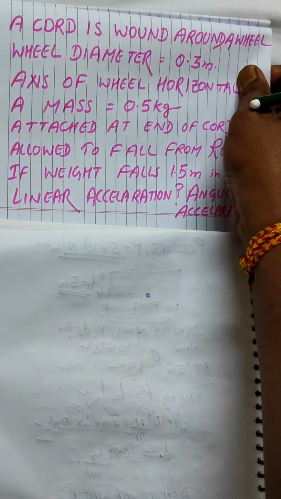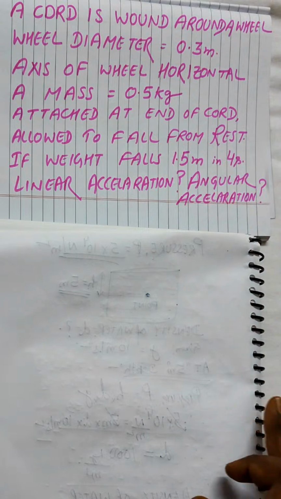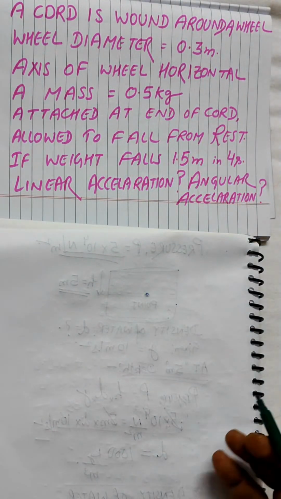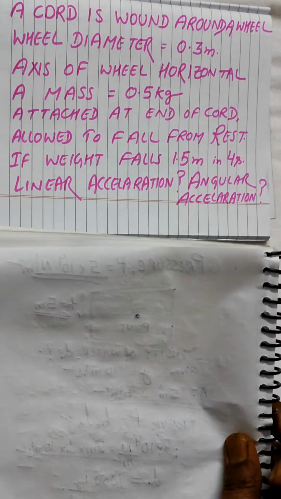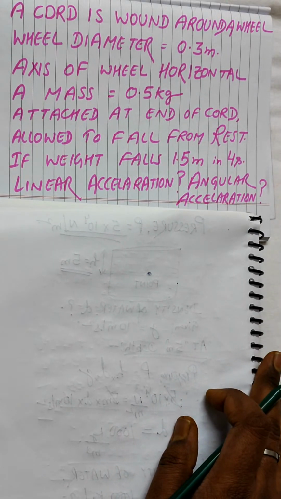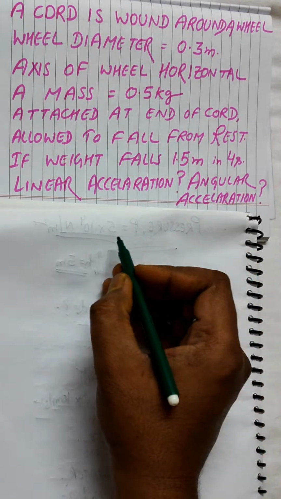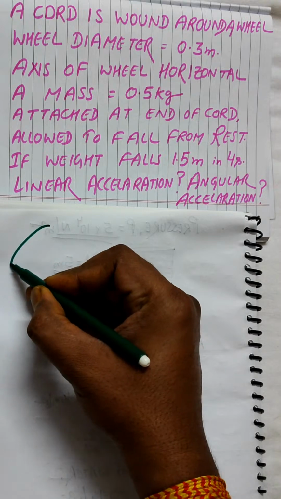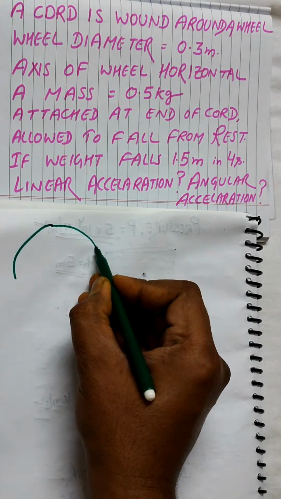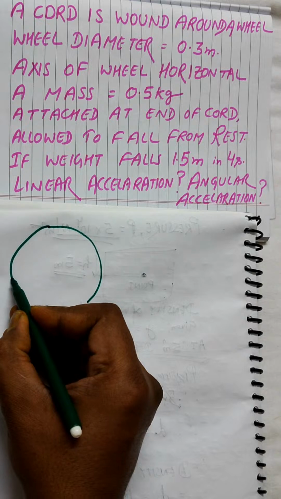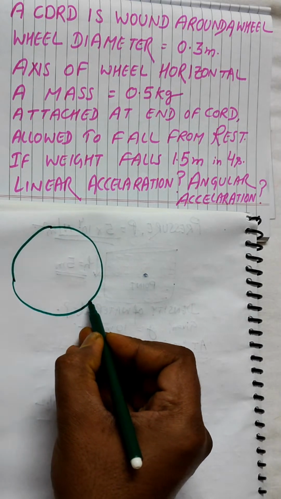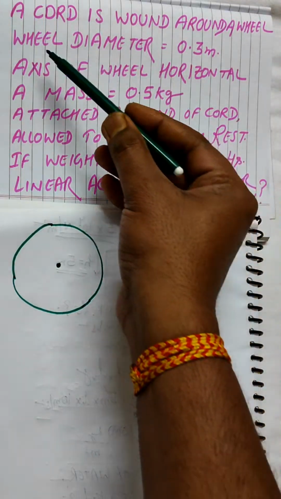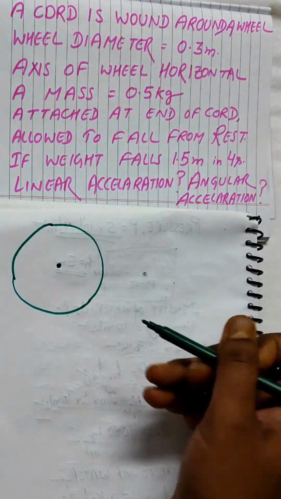So a cord is wound around a wheel. A wheel is given to you and a cord is wound around it. If this is the wheel, and the axis is here, it's also given that the diameter of the wheel is 0.3 meter.